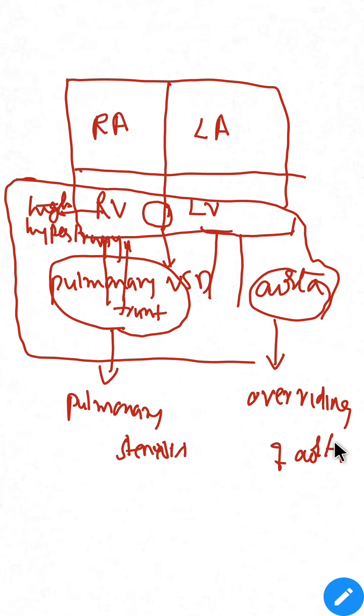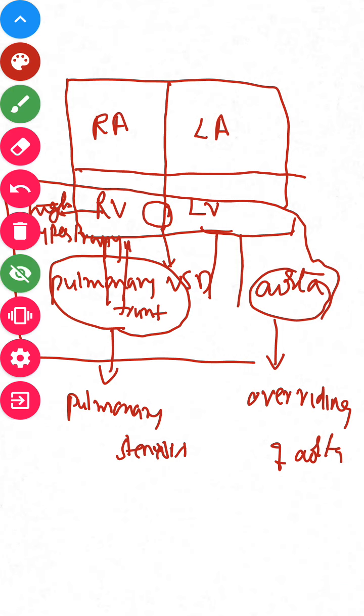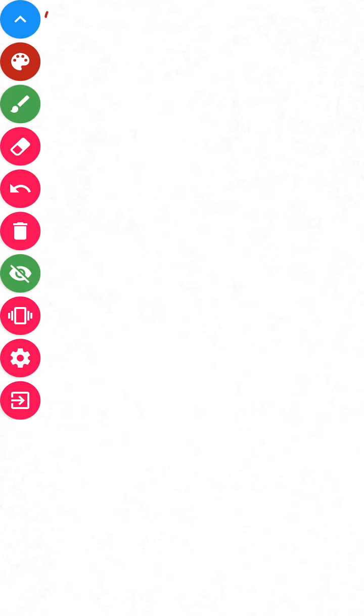Let's see the classification of tetralogy of Fallot. Classification is nothing but cyanotic and acyanotic tetralogy of Fallot.